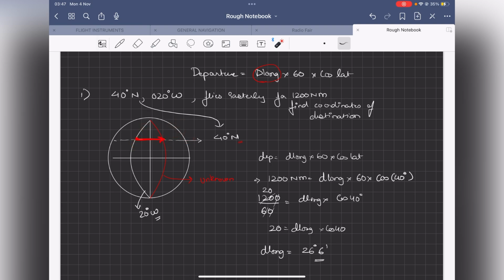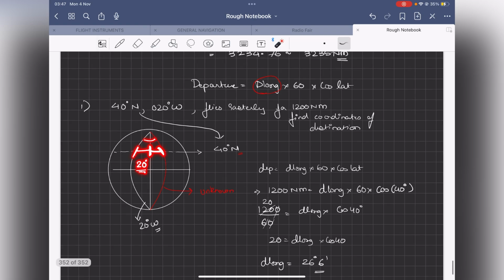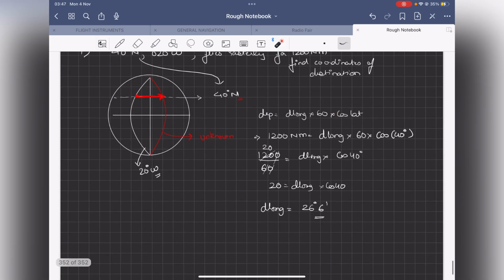So where have I ended up? Let's do this logically. If I start from 20 degree west and I travel eastwards, by the time I reach the prime meridian, I have already finished 20 degrees of traveling, right? This is from the definition of longitudes. Then I have to travel an additional 6 degrees 6 minutes to complete a total angle of 26 degrees 6 minutes.